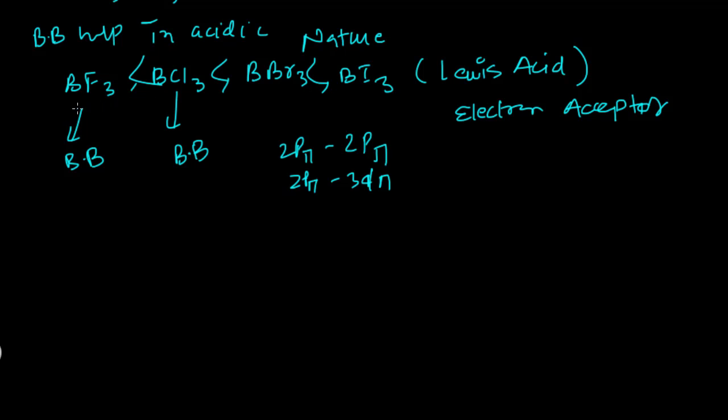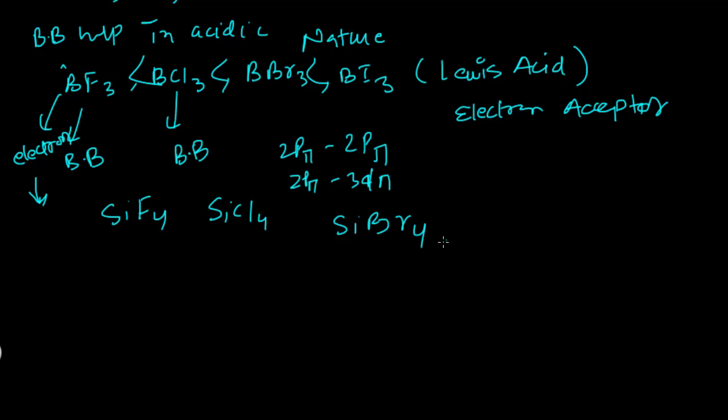Why? Because now the tendency of accepting electrons due to back bonding decreases, because it is getting electrons from fluorine. So it is a less strong Lewis acid. Hope you understood this concept. Similarly, if you see the concept SiF4, SiCl4, SiBr4, and SiI4.